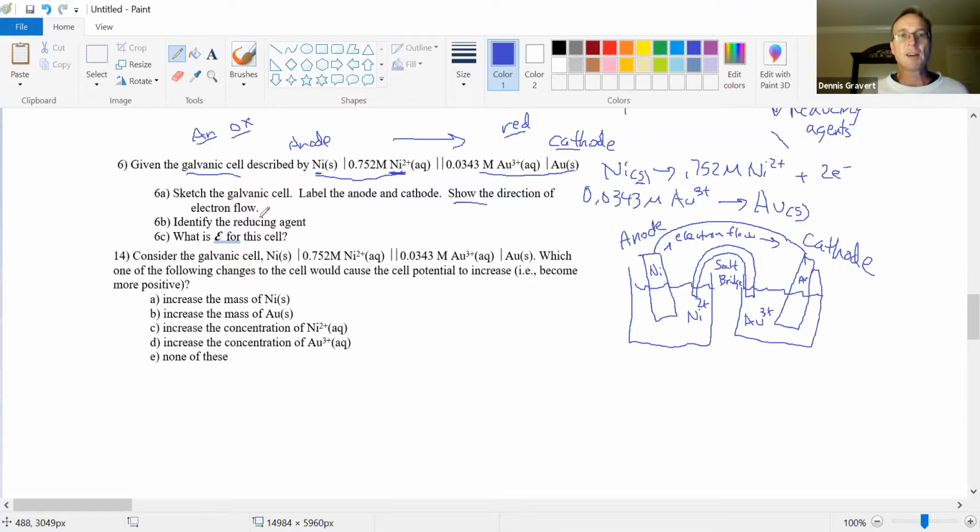Good. Identifying the reducing agent. Remember, opposite. The reducing agent is being oxidized. How is it reducing somebody else? Well, it's using its own electrons, saying, hey, I'm going to lose some electrons. I'm going to stick them in the pocket. I'm a secret agent.